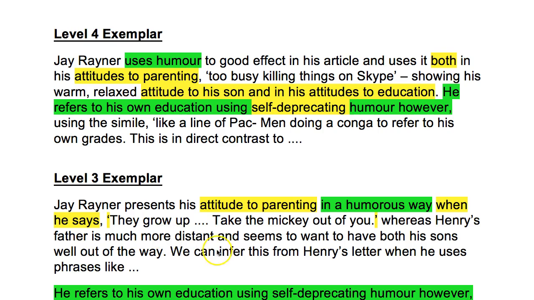Even in the level 3 answer, you have to write about the writer's tone. So here, this student has described the tone as more distant. So that's a huge tip, because you won't even get into level 3 if you don't write about the author's tone. So make sure you do. And if we go back up here, self-deprecating, of course, is the description of the writer's tone here.